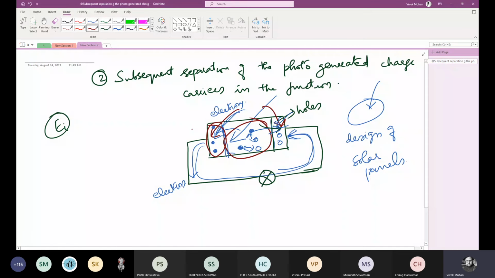Then the holes can only flow out through the other membrane. Now these membranes are formed by N and P type materials. That is what forms a PN junction in general in semiconductor based devices.